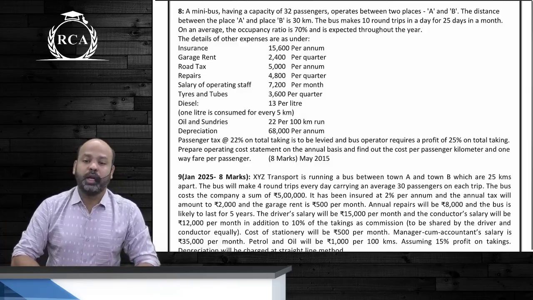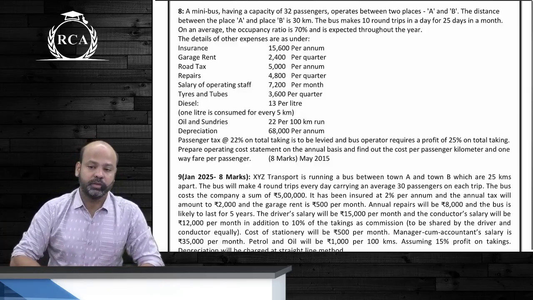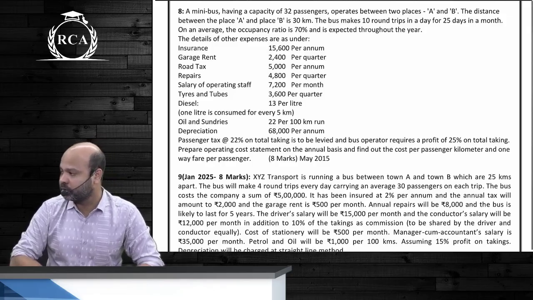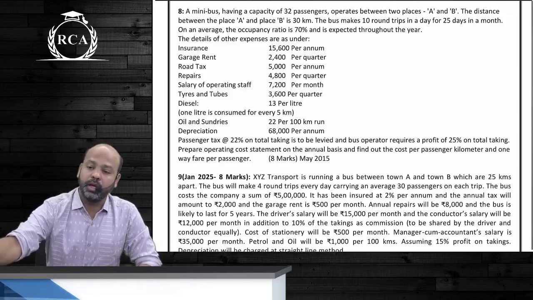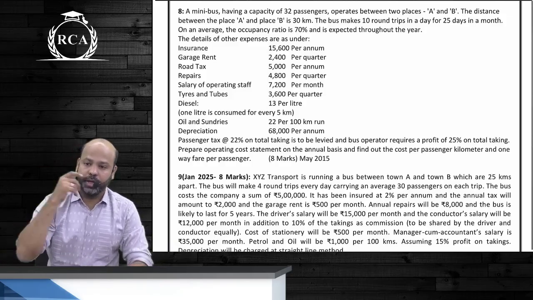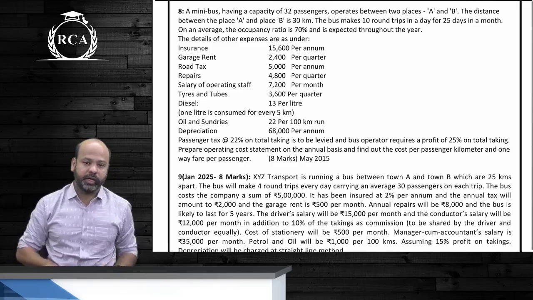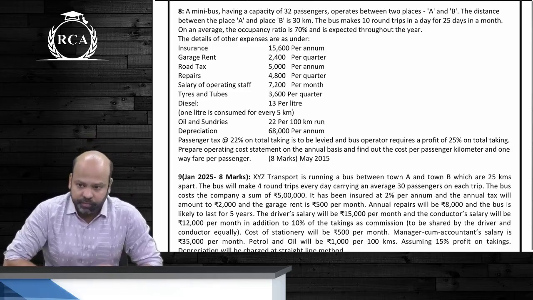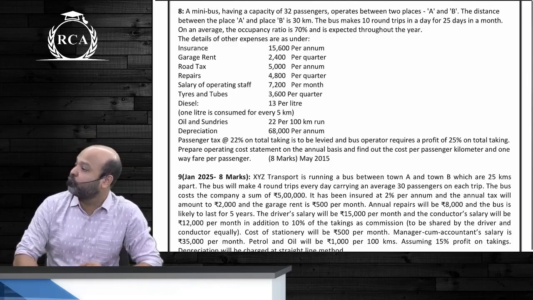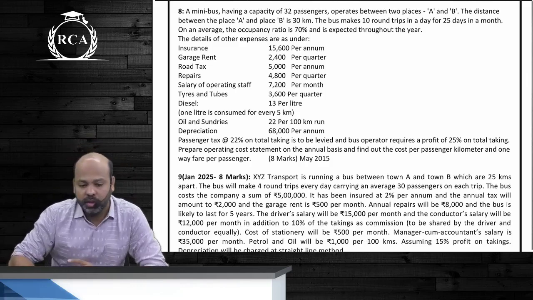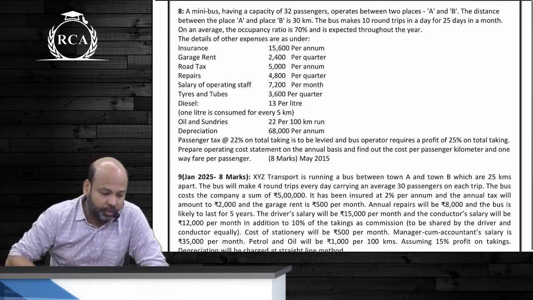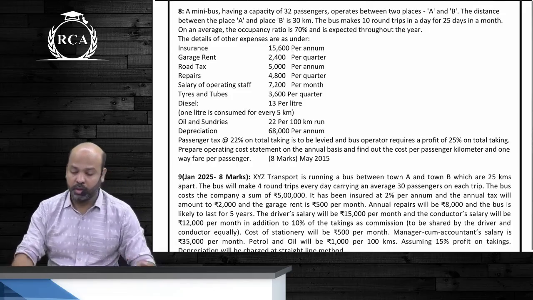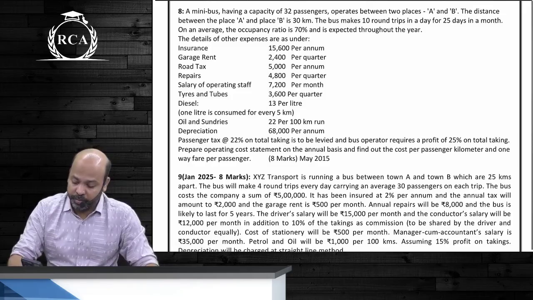It includes indirect taxes which have to be deposited with the government.